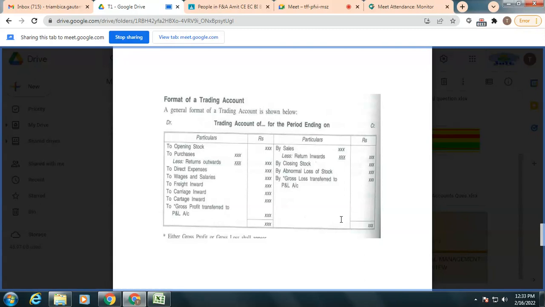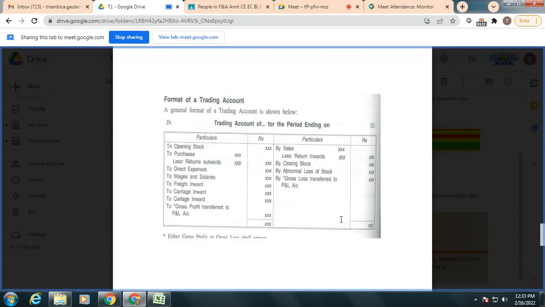When I gave the heading trading and profit and loss account, I had included both parts in one format. Like I again mentioned, we had a very short trial balance, so we did not have enough detail to make a distinction between trading and profit and loss account.